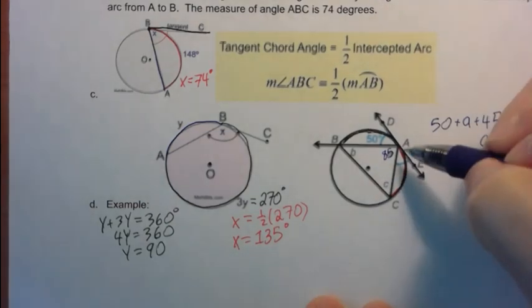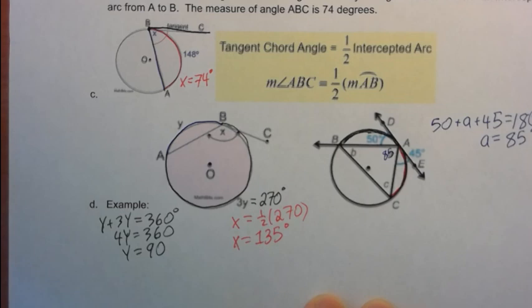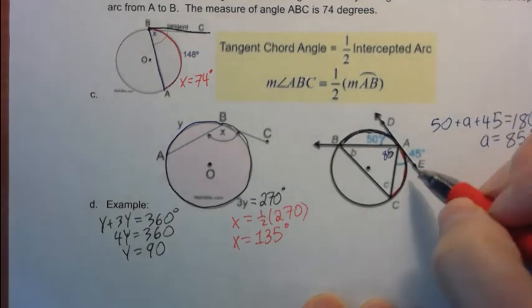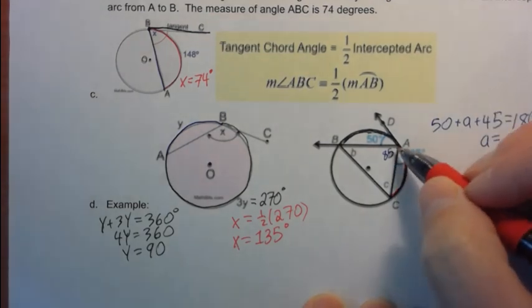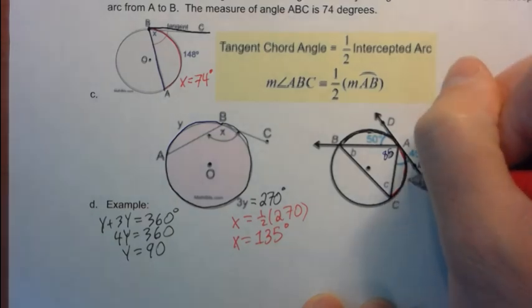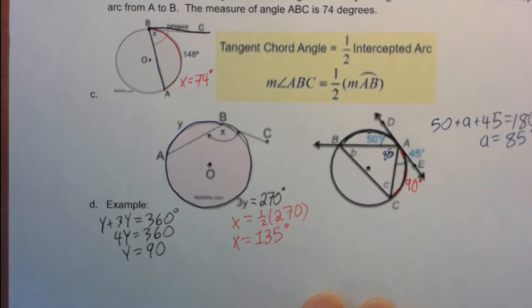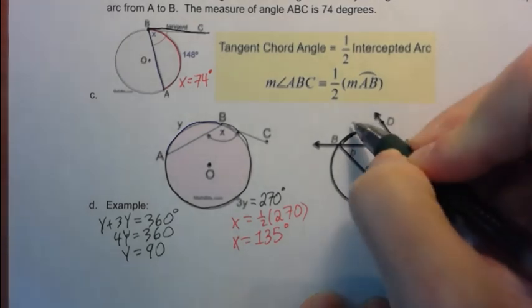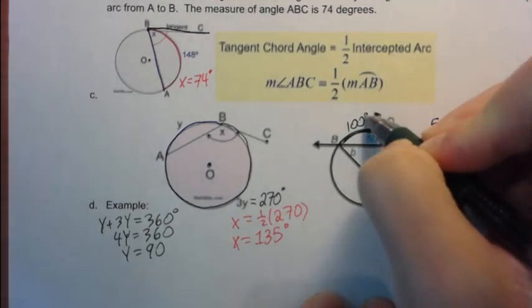So this 45-degree angle hits the red one, so we would basically double it to get the arc. That means that our red arc right there is 90 degrees. And we would double that green 50 degrees for the green arc. That would make that green arc equal to 100 degrees.